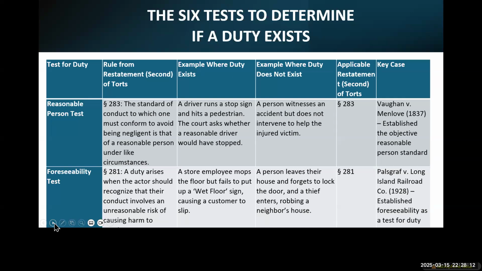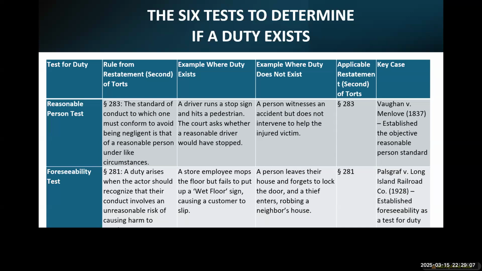So when you are asking, did this person have a duty as a defendant to the plaintiff, and you choose to use the reasonable person test, you're asking this question: would a reasonable person in the defendant's position have acted differently to prevent the harm in the same or similar circumstances?